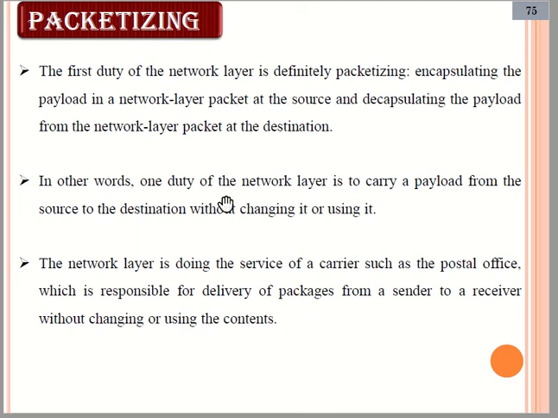The source host receives the payload from the upper layer, that is, the transport layer. Once it is received, it adds a header, which is information consisting of the source address and the destination address, along with some other information required by the network layer while transmitting the data from source to destination.